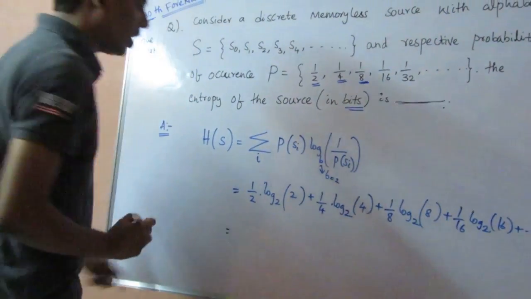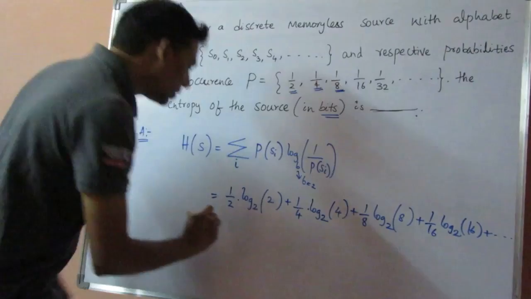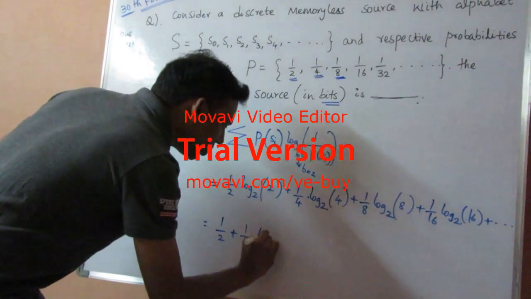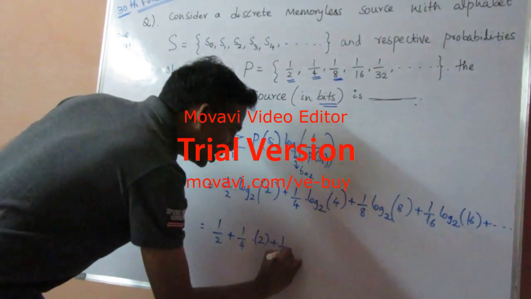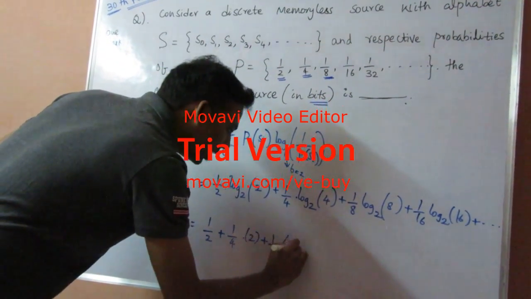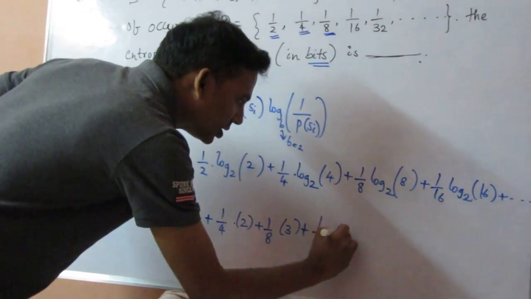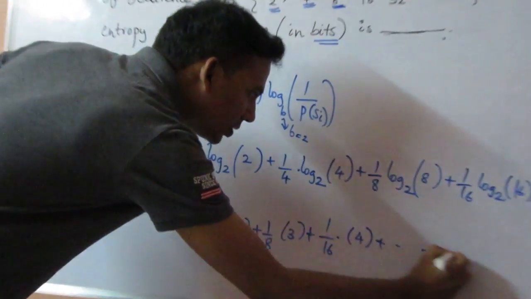Log 2 to base 2 equals 1, so this is equal to 1/2 plus 1/4 into log 4 base 2, which equals 2, plus 1/8 into log 8 base 2, which equals 3, plus 1/16 into log 16 base 2, which is 4, and so on.